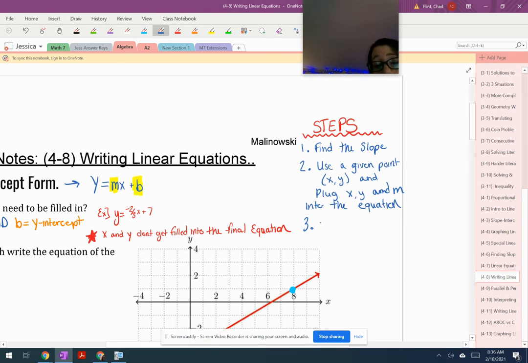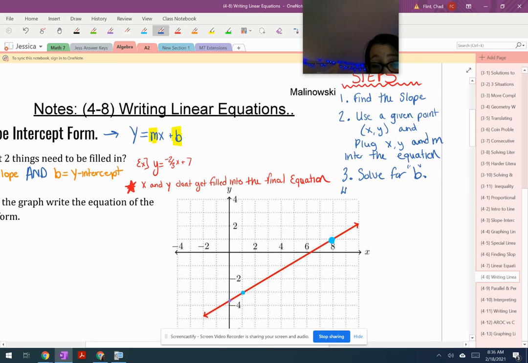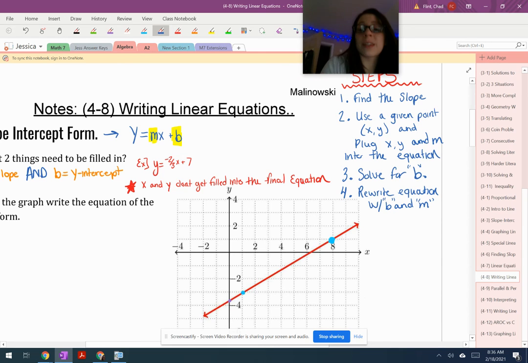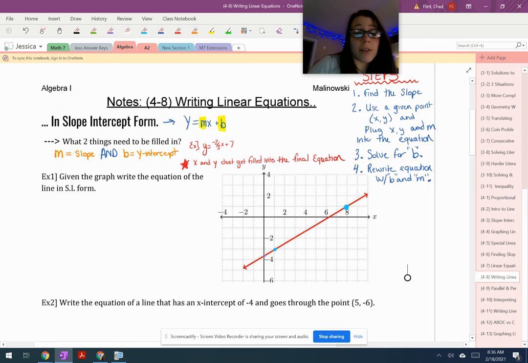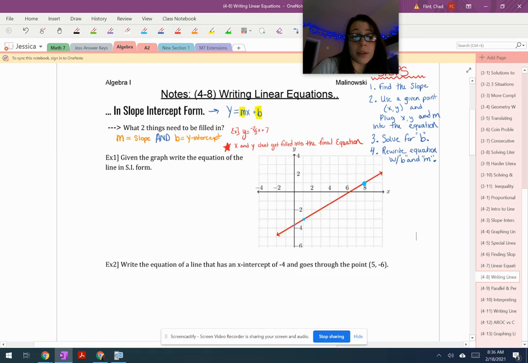And then step 3 is to solve for b, right? Because that b is that y-intercept piece that we're looking for. And I guess if we were being cray-cray here, a fourth step would be rewrite the equation with b and m. Boom. All right, so we'll take a look at that. We'll follow those steps and go through those in our couple examples down below.